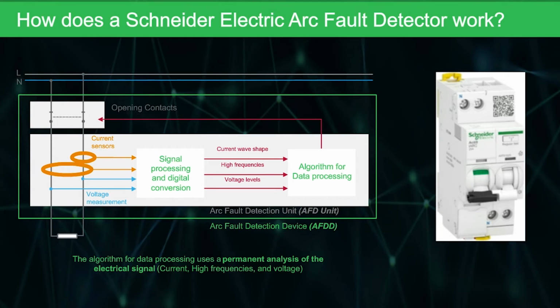We're looking for any variations in the types of waves that are there, and then there's an algorithm within the device that makes a decision on whether the product should trip or not. As mentioned before, the biggest challenge for this technology and a bit of delay from the IEC adoption of it was to ensure the continuity of service and not tripping due to other known sources that would create interference on the sine wave, but not a safety issue.